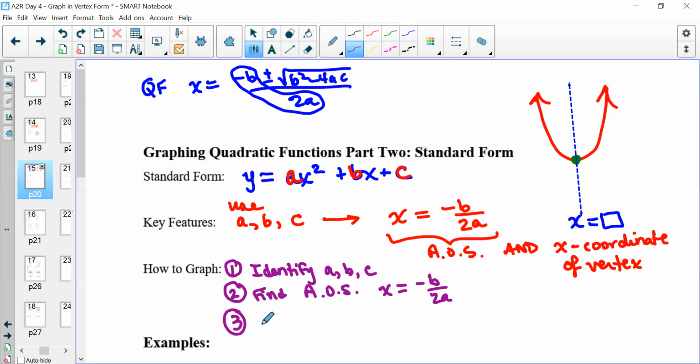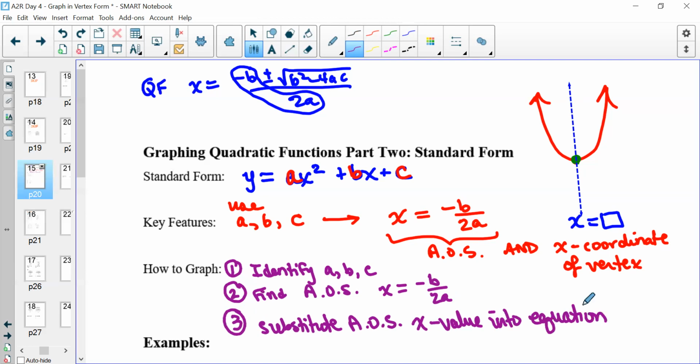And then we'll substitute that x value into the equation to find the y coordinate of the vertex.